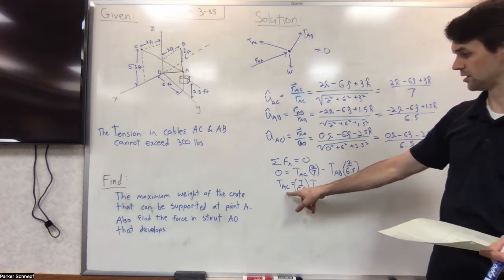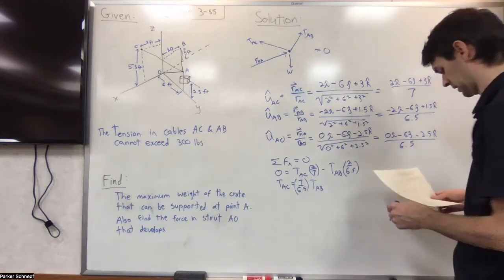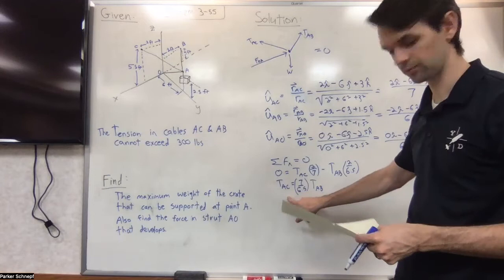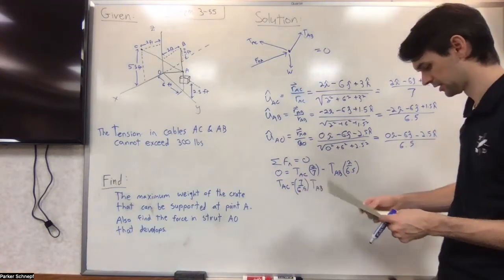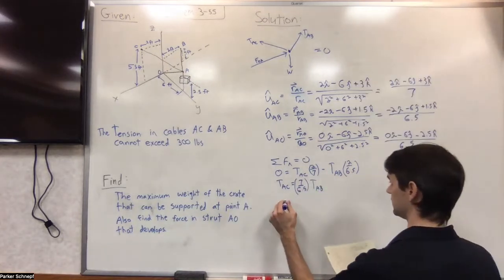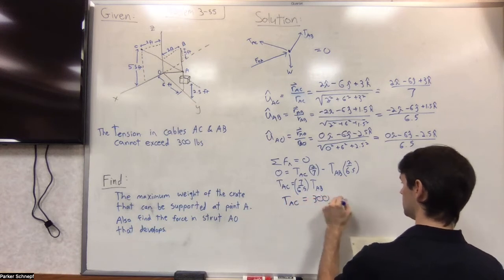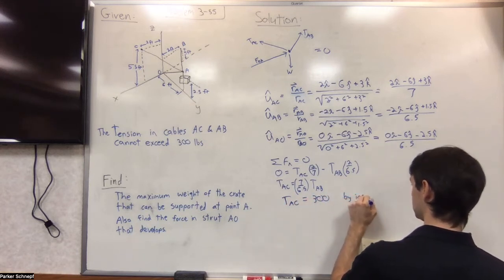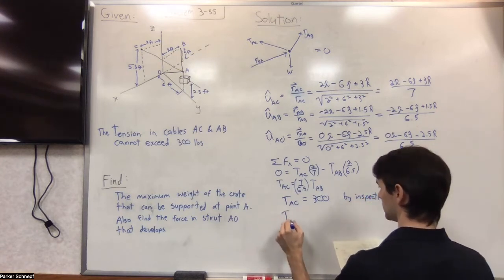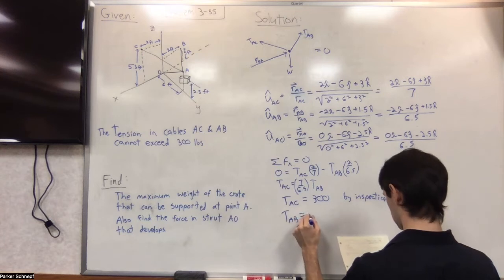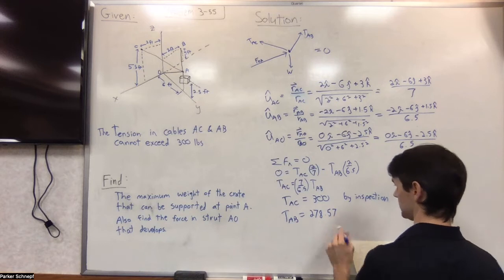And so now I know that TAC must be 300. And if I plug 300 in for TAC, I can solve for TAB. So TAC equals 300 by inspection, and therefore, TAB will equal 278.57.